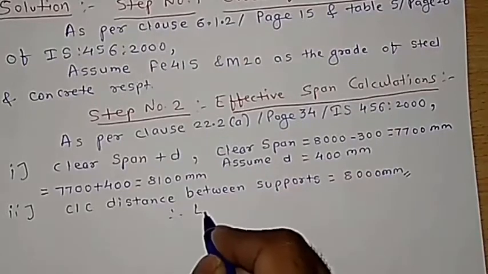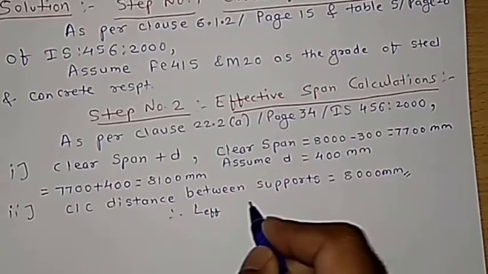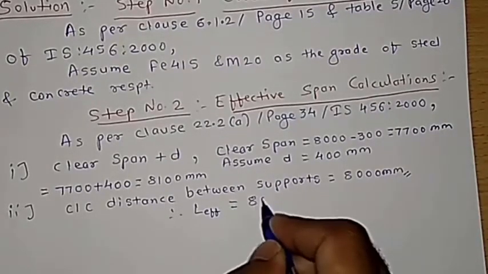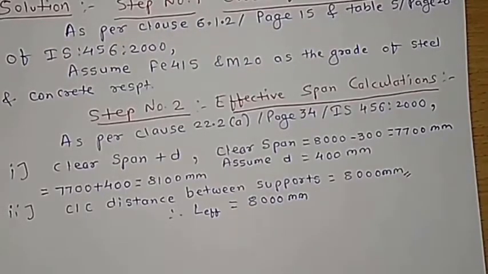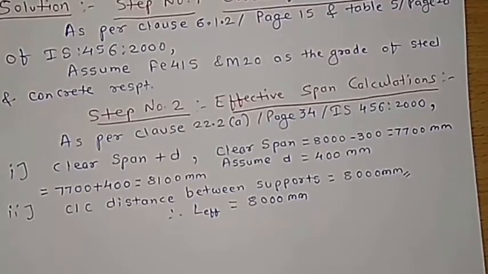So L effective is 8000 mm. That's step number 2, where we calculated the effective span according to clause 22.2.